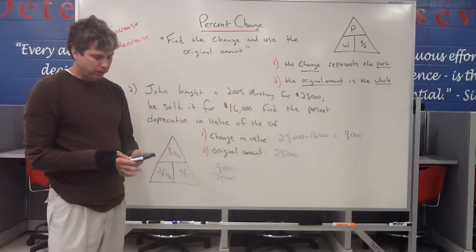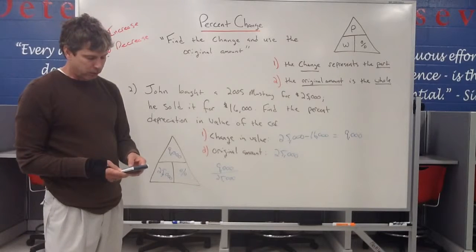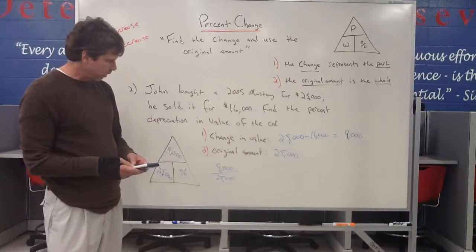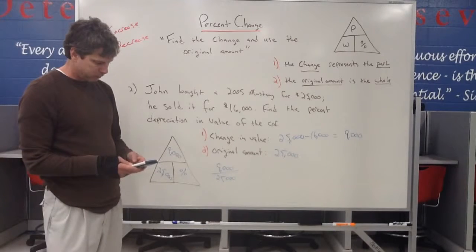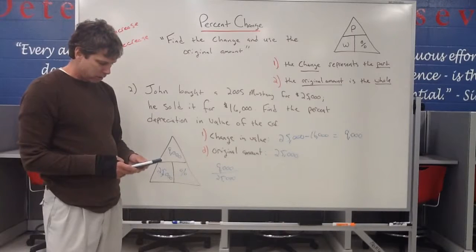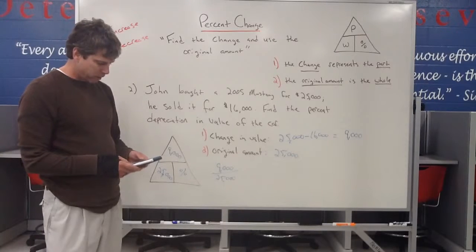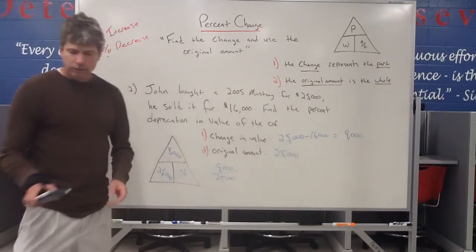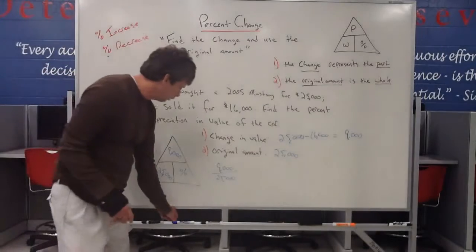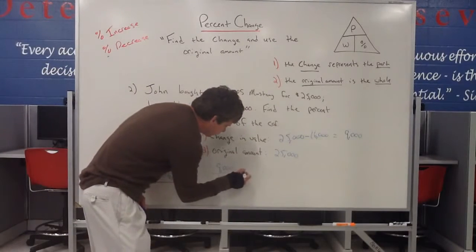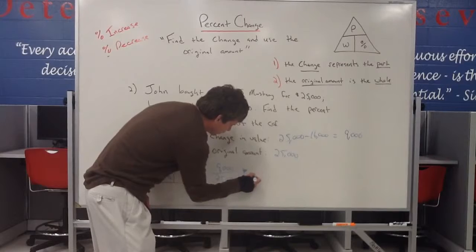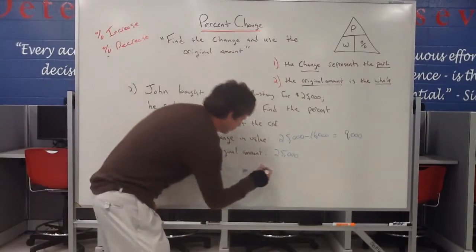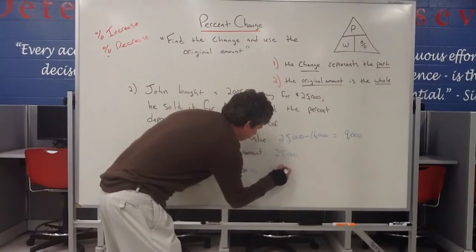The calculator has a numerator-denominator key, so I'm going to type in 9,000 over 25,000, and we want to convert that to a percent. There's a nice button on the calculator that says convert to percent, and that turns it into 36%.